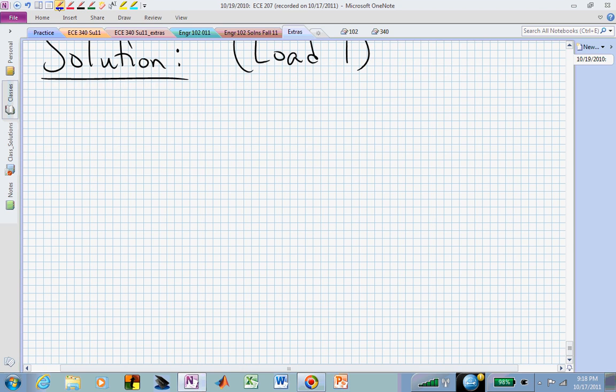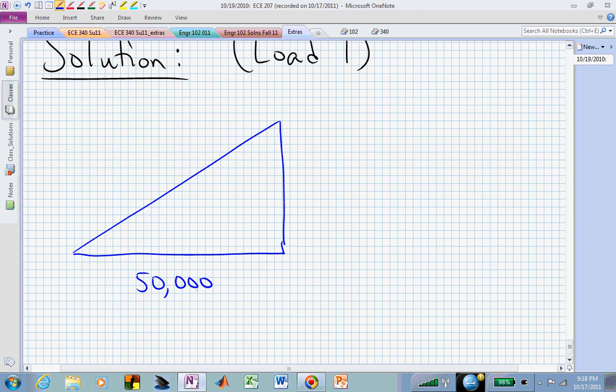Or we can now think of load number 1 this way. We know that it has a horizontal value for the triangle of 50,000. Here is our angle, and it's positive, so we'll show it as positive. We can now find that angle theta 1, which will help us find the apparent power, or the magnitude of the complex power S1.